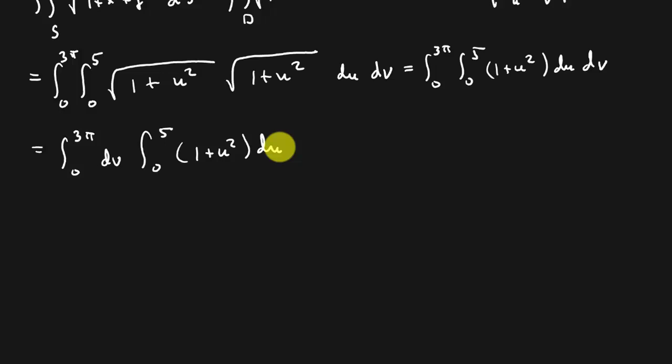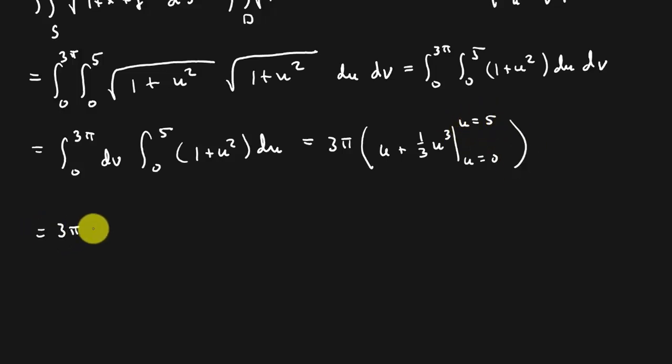When we integrate this, it's going to be v, plug in the 3 pi, we just get 3 pi for that one. And then that is going to be times u plus 1/3 u cubed, where u is 0 to 5. So this is 3 pi times 5 plus 1/3 times 5 cubed, and when we plug the 0 in, you just get 0. When you do all your arithmetic, you're going to get 140 pi.